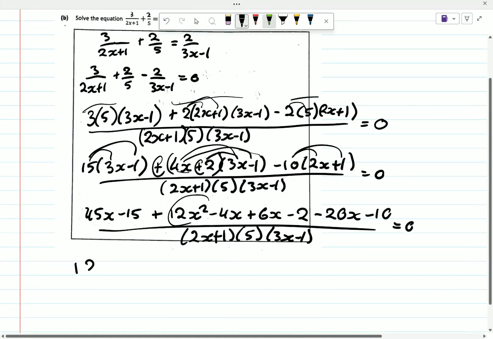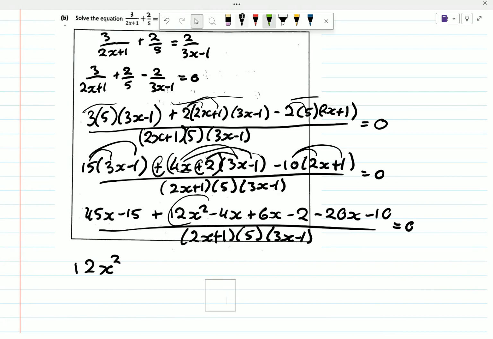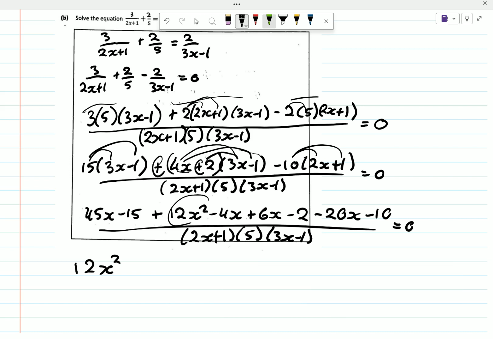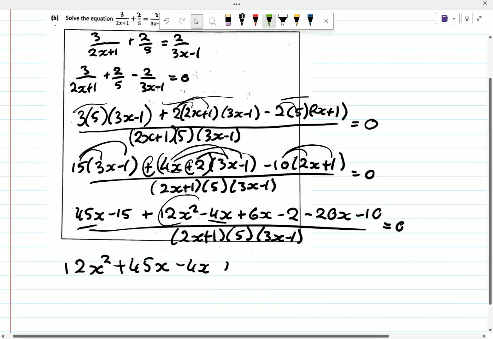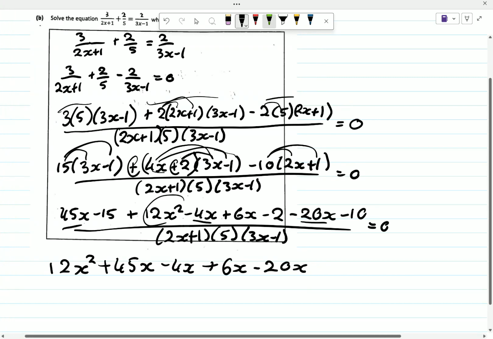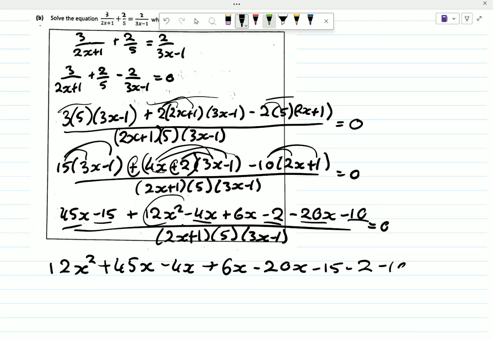Bring your highest powers of x together, so 12x squared. Then we can start with our x's. So let's just bring this one 45x, this one minus 4x plus 6x minus 20x. Then we can do everything without an x, minus 15, minus 2, and minus 10, equal to 0.